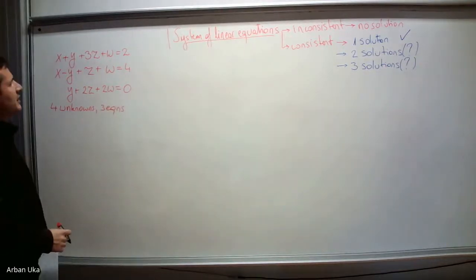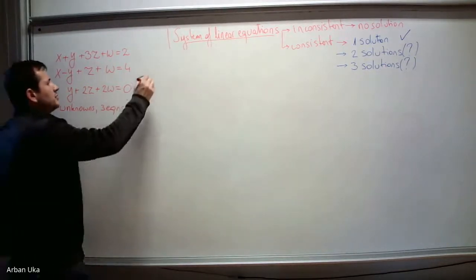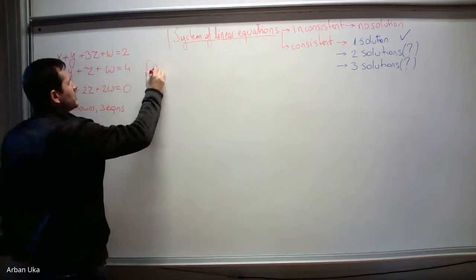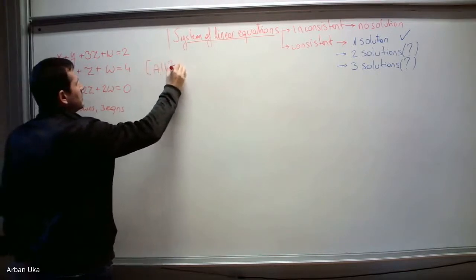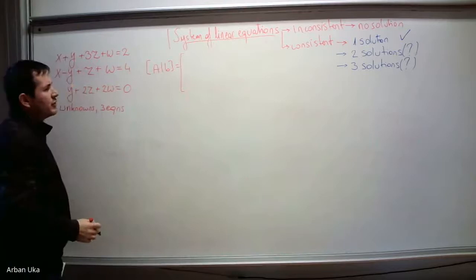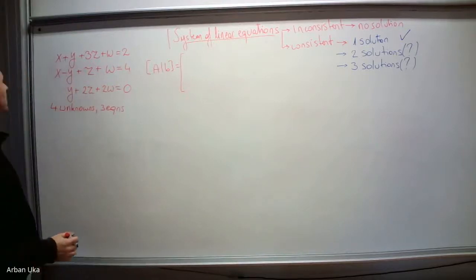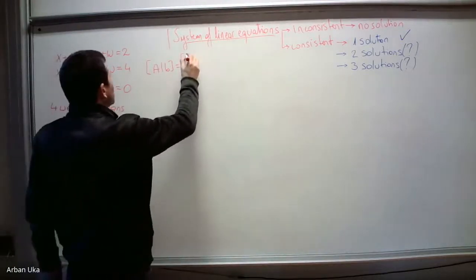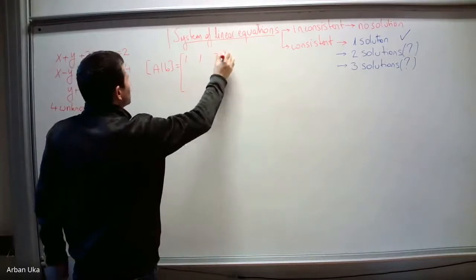So let's get the augmented matrix. What is the augmented matrix here? AB, where we merge the coefficient matrix with the answers. We get here 1, 1, 3, 1, 1, 1, 3, 1.